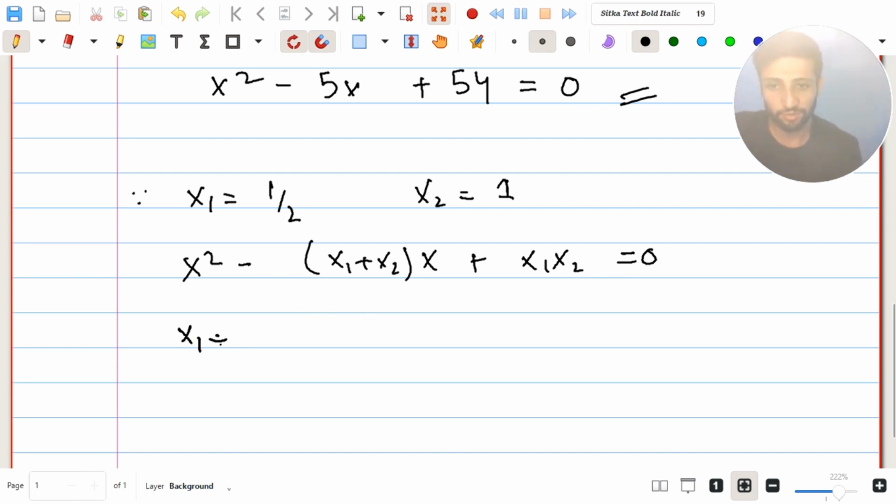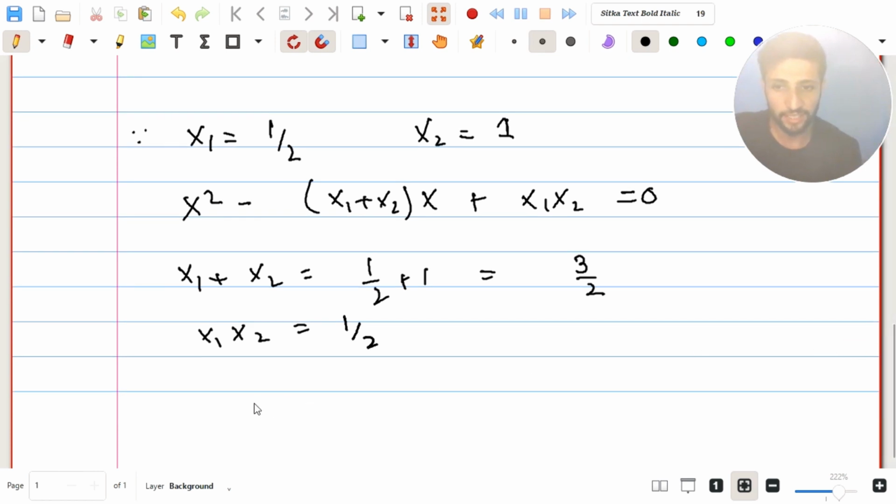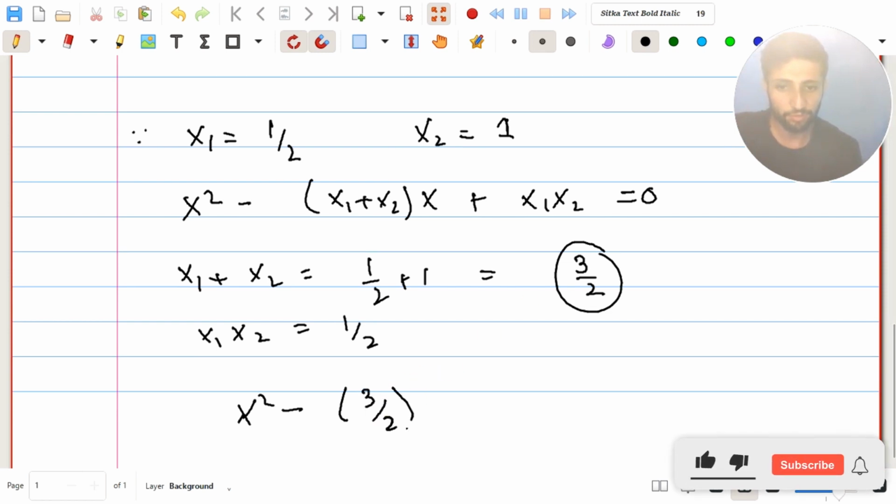So sum of roots is x1 plus x2, this is simply 1 over 2 plus 1. If you solve this by taking LCM, you will get 3 divided by 2. And what is the product? x1 into x2 is simply 1 over 2. Just plug in the values in this formula, you will get x square minus 3 over 2 into x, plus 1 over 2 is equal to 0.